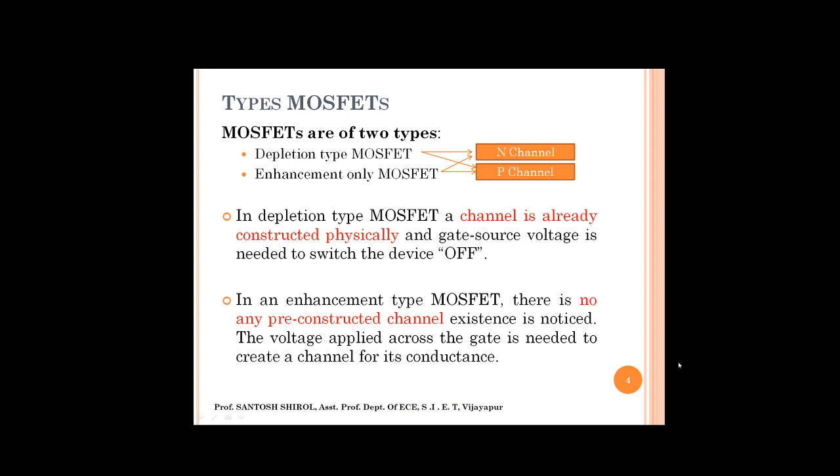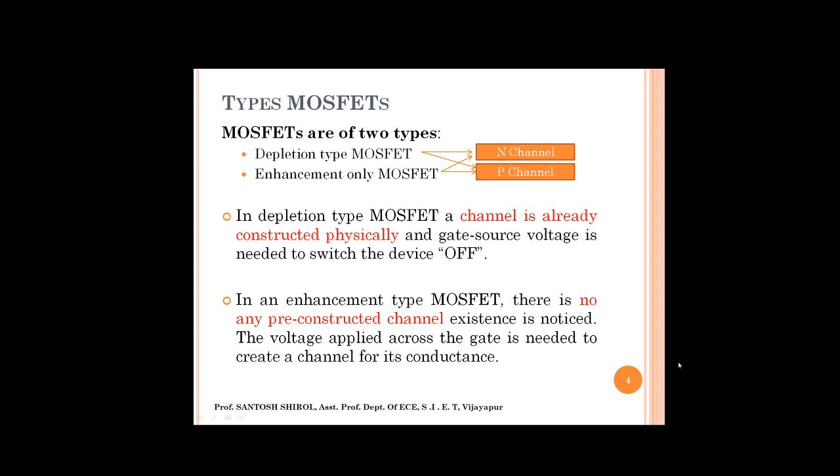Now coming to the enhancement type MOSFET, here there is no pre-constructed channel. The meaning is that the channel is not pre-constructed in the enhancement type MOSFET. The voltage applied across the gate is needed to create a channel for its conductance.